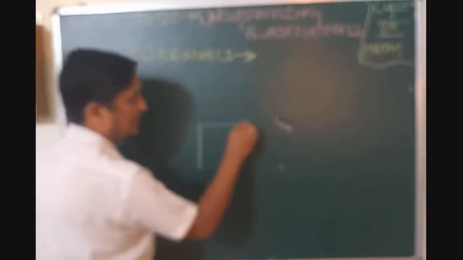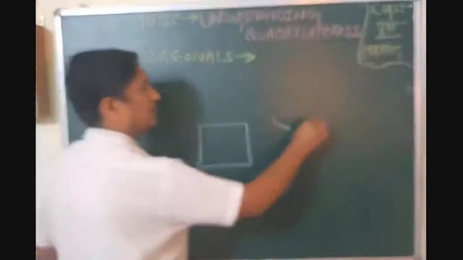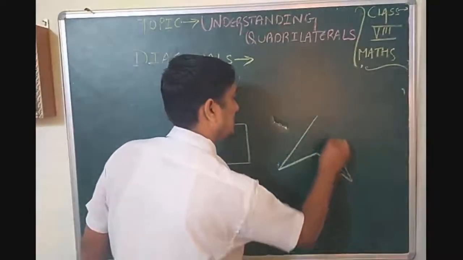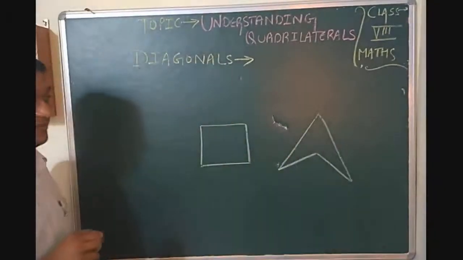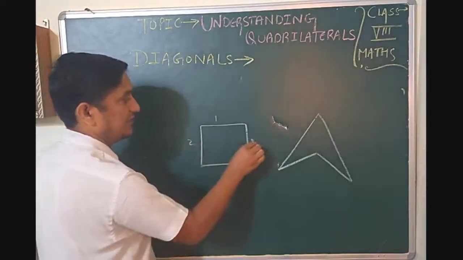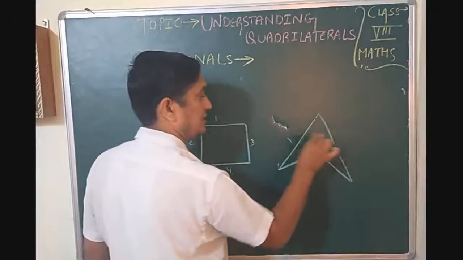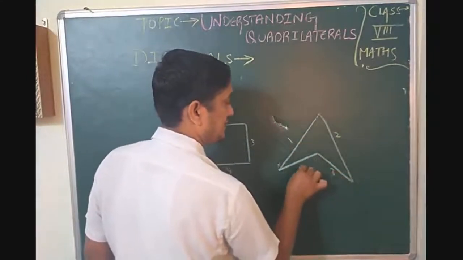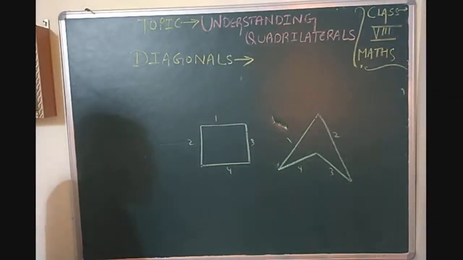Diagonals are what? Children, please pay attention, everyone. This is a quadrilateral. This is also a quadrilateral because it has one side, two sides, 3 and 4 sides. This is also one side, two sides, 3 sides and 4 sides. It means this is a quadrilateral.